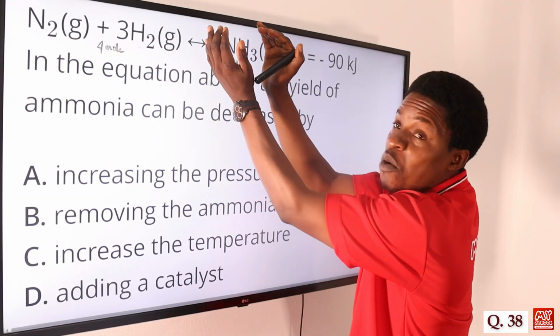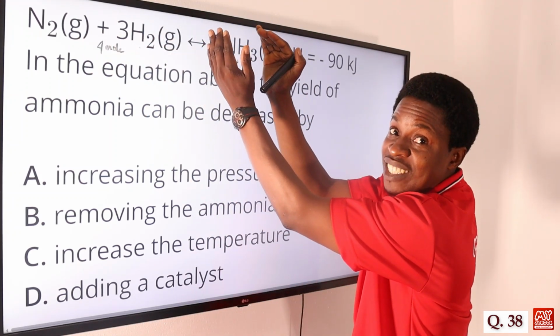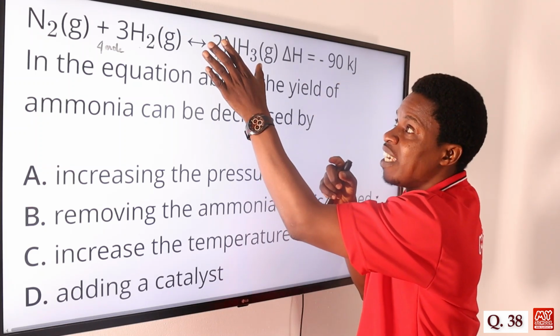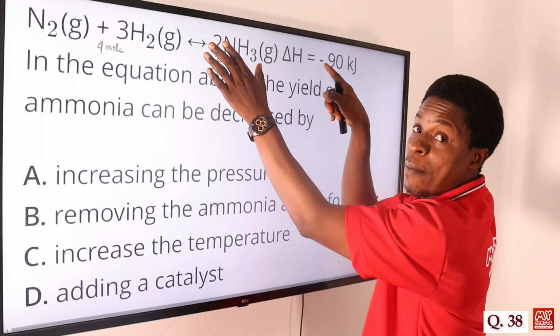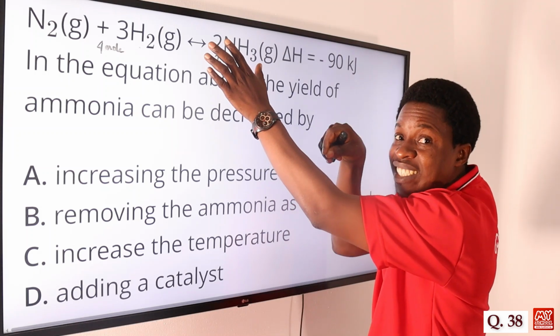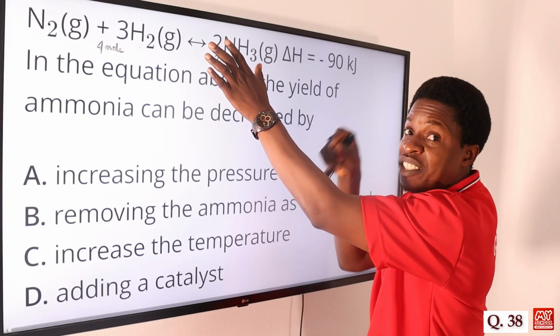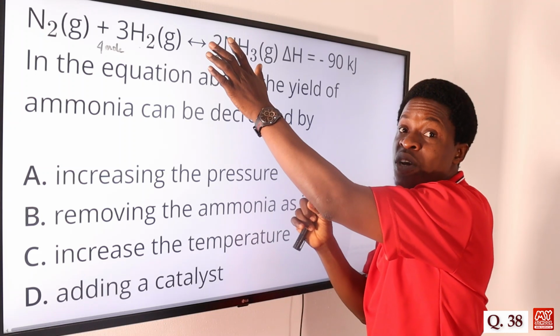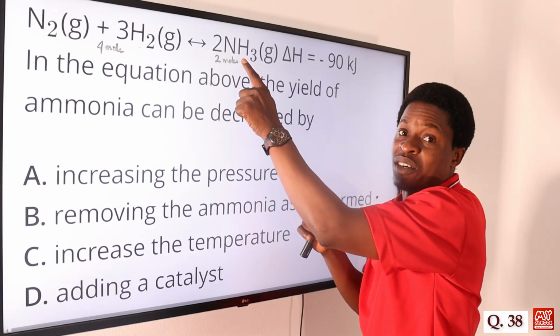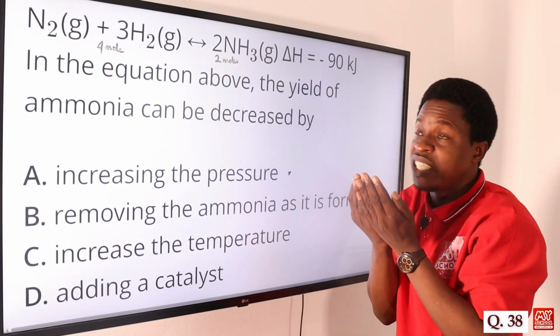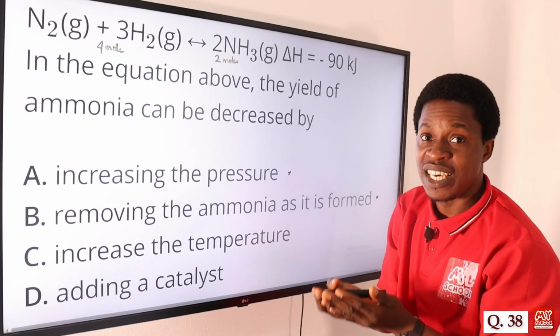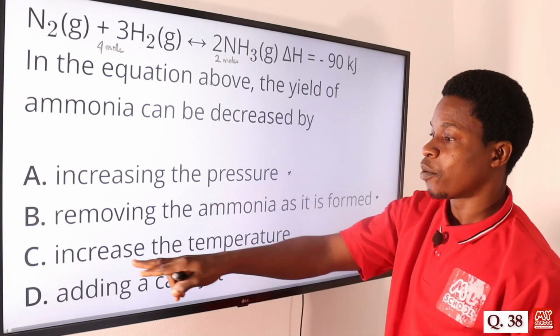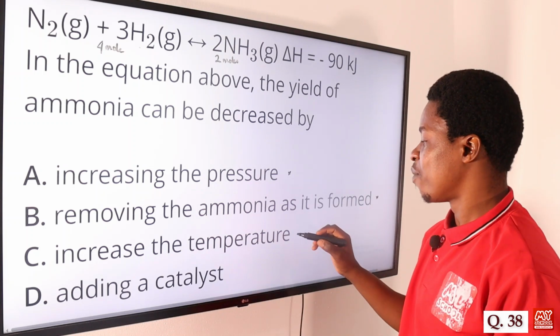We are looking at a situation where we form less of the product, a decrease in the yield. So in an exothermic reaction, an increase in temperature will decrease the yield of ammonia. Option C says increasing the temperature, so this is correct.